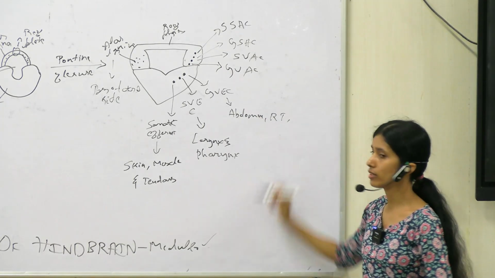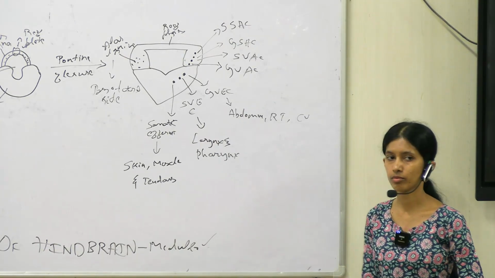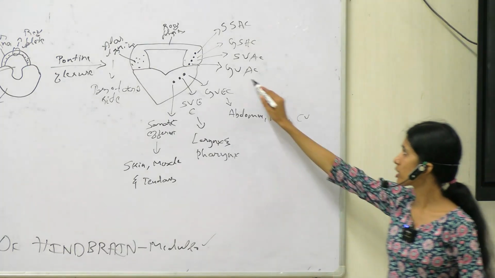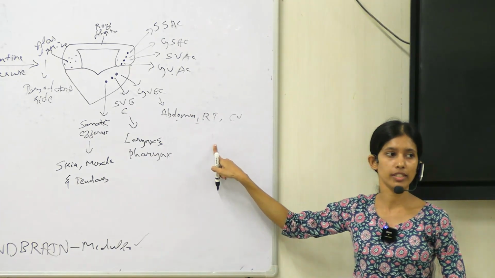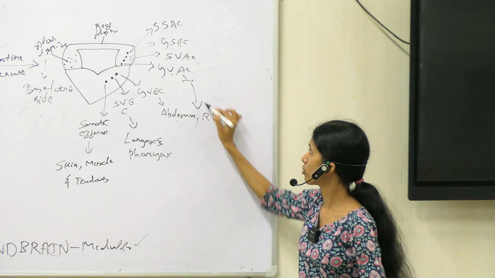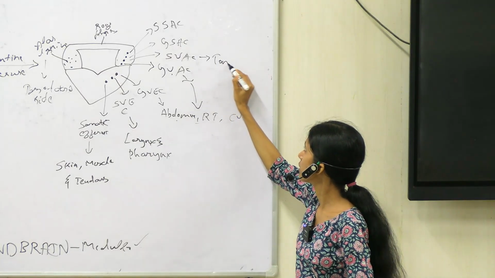respiratory tract and cardiovascular tract. The same general viscera will also be the abdomen, respiratory tract and also the cardiovascular one, similar to this. Okay, the special viscera here is your tongue.